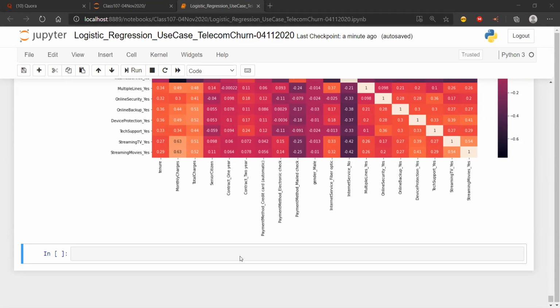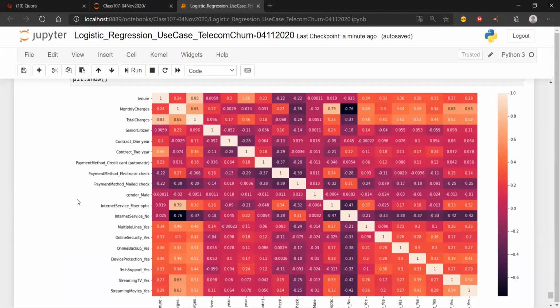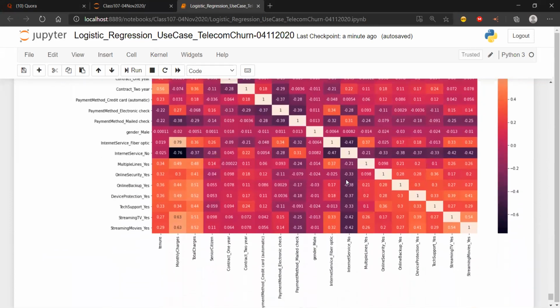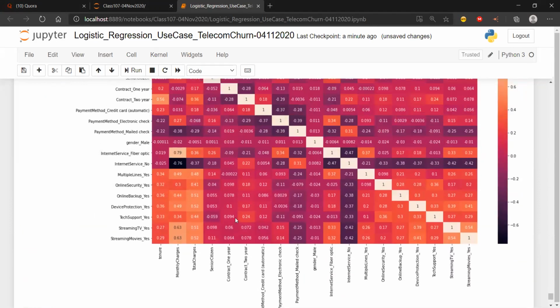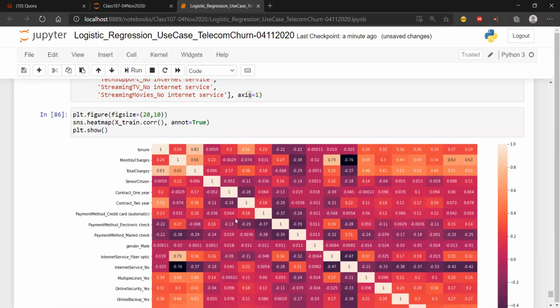But going by the data we have at hand, it's in negative in most of the areas. Going by the word internet service, it's important, but going by data, there is less correlation. Okay, so let's keep it then.